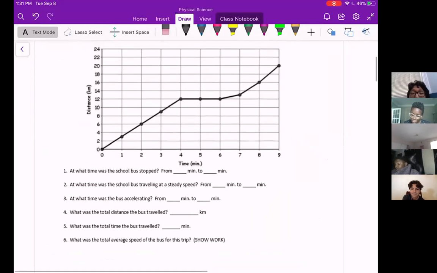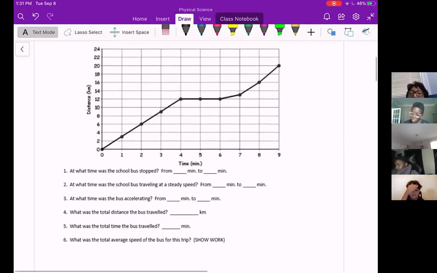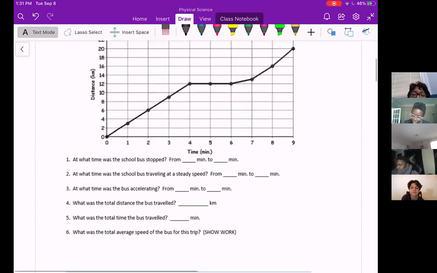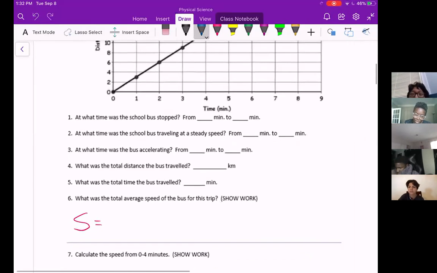On this one, they're asking for average speed. What are the two things I need to solve for speed? You need the total distance and the total time. Very nice, I need distance and time. I'll zoom in for now and then move back to the graph.